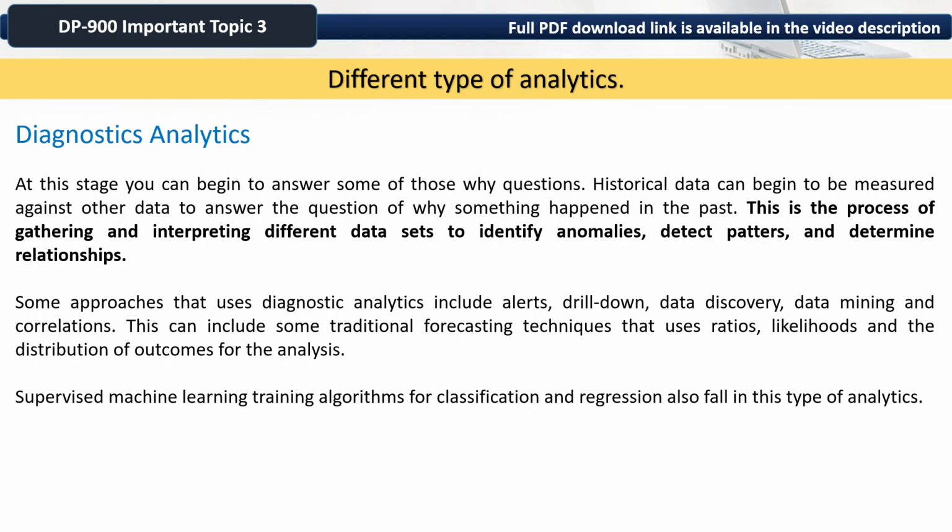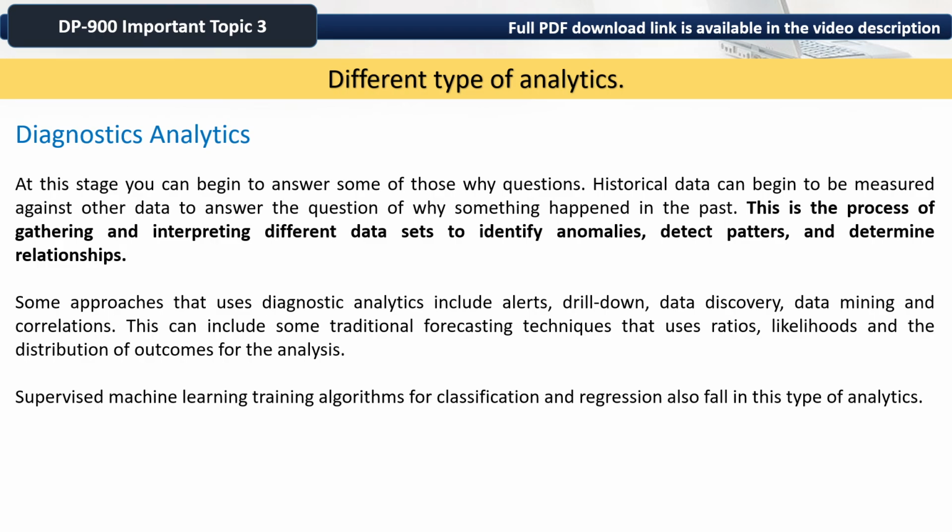Historical data can begin to be measured against other data to answer the question of why something happened in the past. This is the process of gathering and interpreting different data sets to identify anomalies, detect patterns, and determine relationships. Some approaches that use diagnostic analytics include alerts, drill down, data discovery, data mining, and correlations.